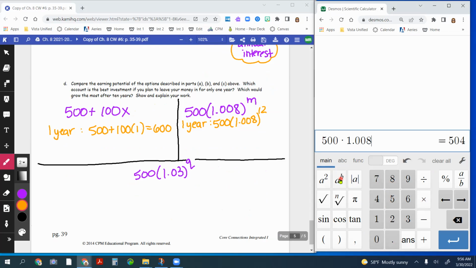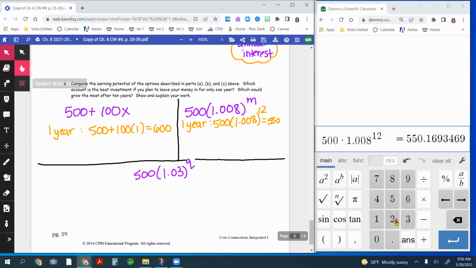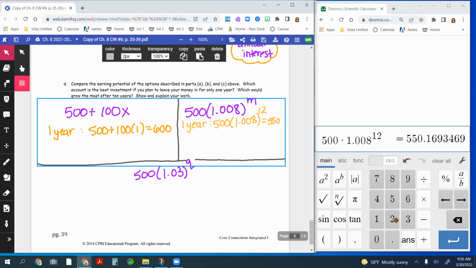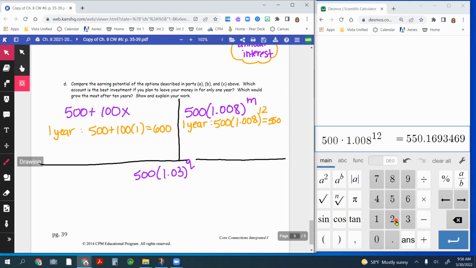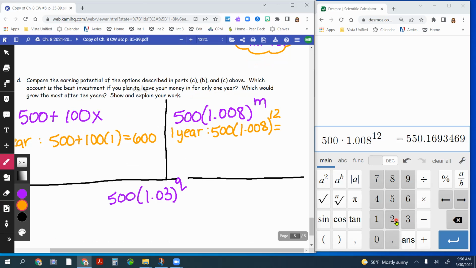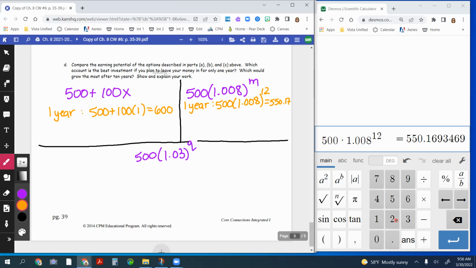And so that is going to be 550.17. Okay, and 17 cents. So far that's the best for 1 year.